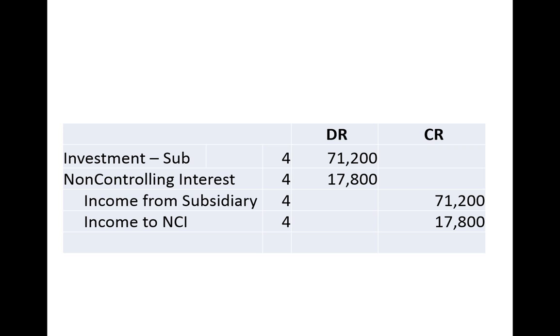The other portion of the entry is going to debit NCI $17,800, credit income to NCI for $17,800. What this does is it assigns the 20% of the deferred gain to the NCI, and it'll reduce any income to the NCI when we're all said and done and allocated everything out for consolidation purposes.